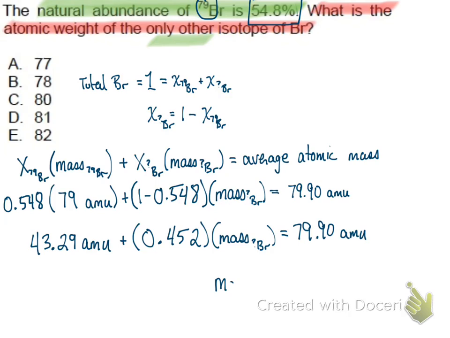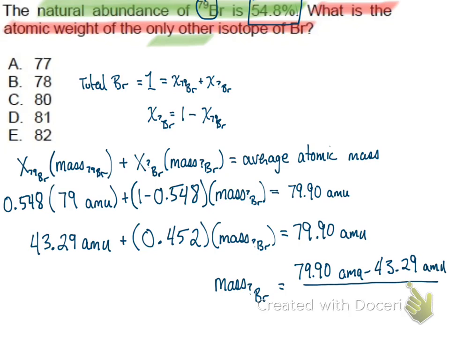What we're going to find is that the mass of our unknown bromine is going to be equal to 79.90 atomic mass units minus what we have on the left-hand side here, 43.29 atomic mass units. Then we're going to divide this all by what we were multiplying the unknown bromine mass by, which is 0.452.